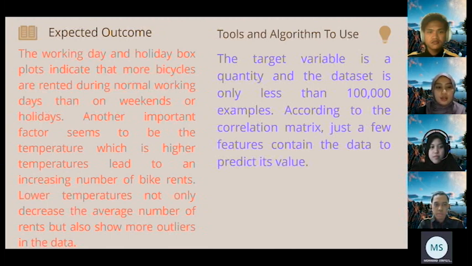And the lower temperature not only decreases the average number of rents, but also shows more outliers in the data. For tools and algorithms, the target variable is a quantity and the data set is only less than 100,000 examples. So according to the correlation matrix, just a few features contain the data to predict its value.